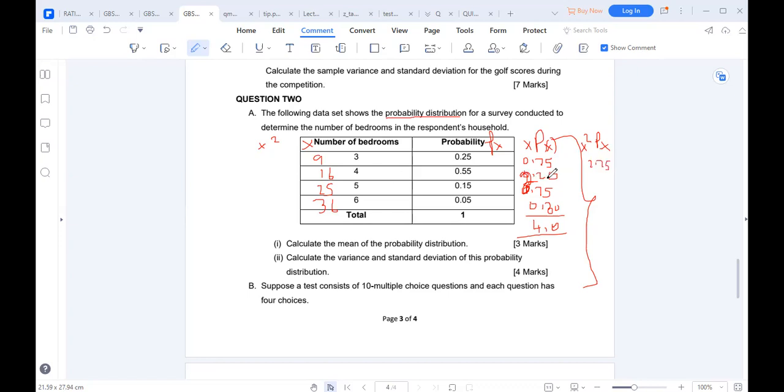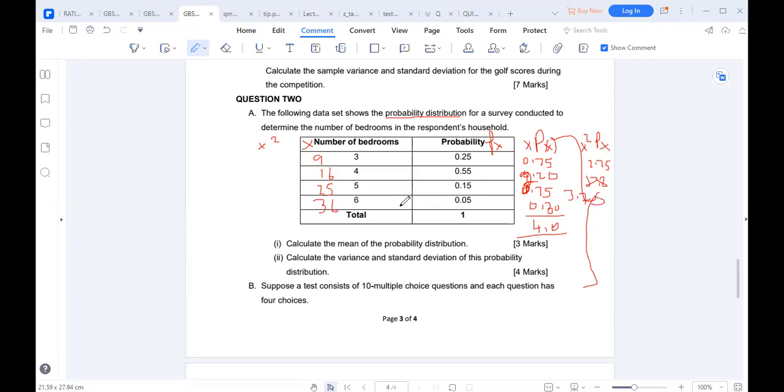4 times 0.55, 8.8. Are you sure? Or 16 times 0.55. You said you got 8.8 here? Then 8.8. Then 25 times 0.15, you get what? 3.75.